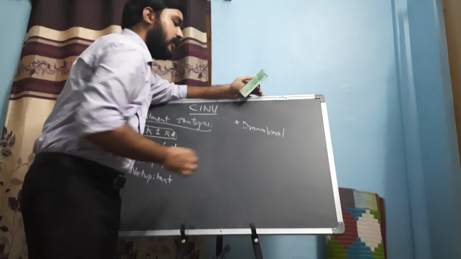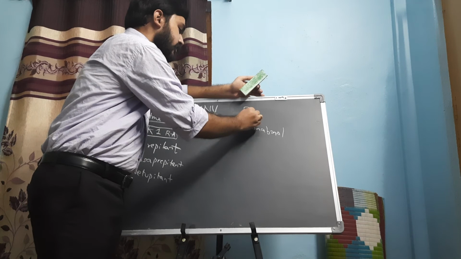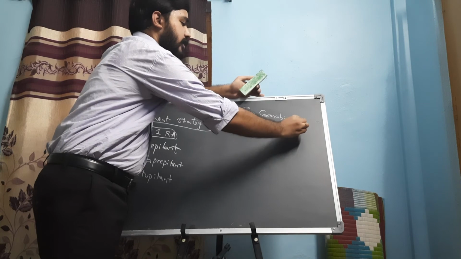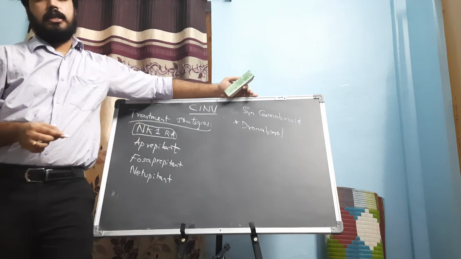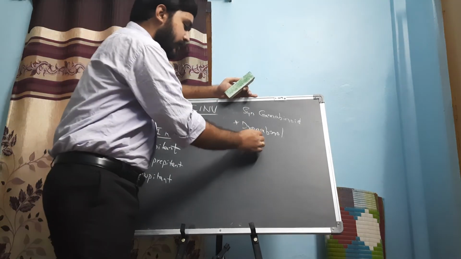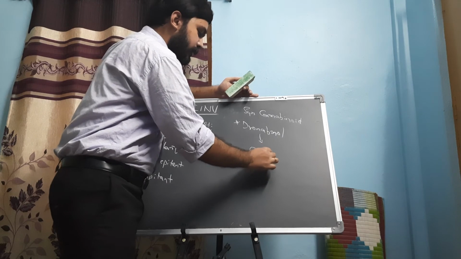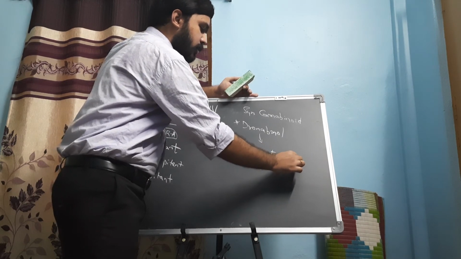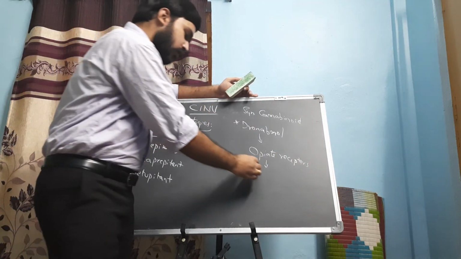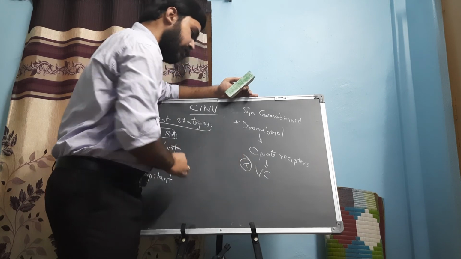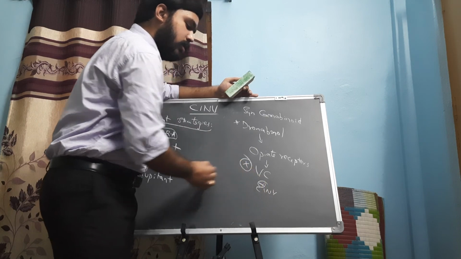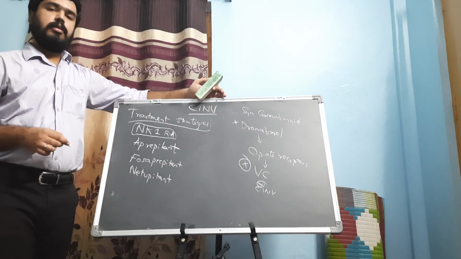Dronabinol is a synthetic cannabinoid from the cannabis plant. It is synthetically produced. So dronabinol can act on the opiate receptors and the vomiting center may be inhibited. Thus, CINV can be avoided.